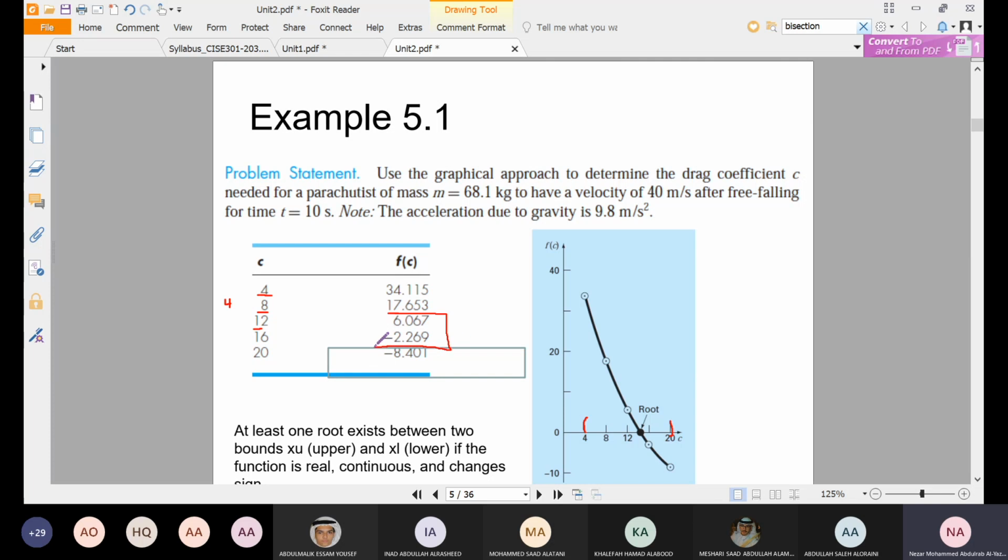So if I have any change in sign when I substitute different values of C, this indicates that I have a root between these two points.